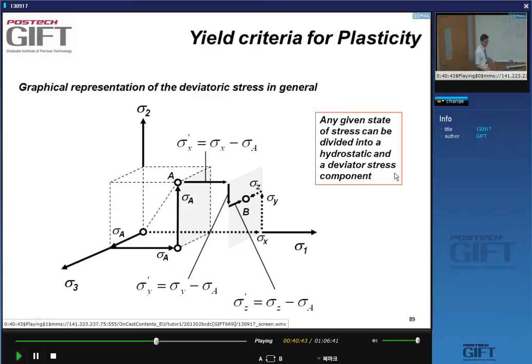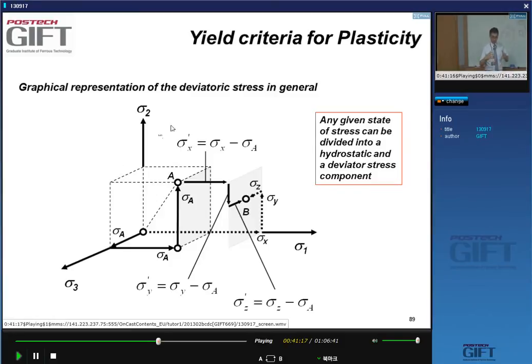And what we do when we use the deviatoric stress approach is we have the stress component in the X direction, the Y direction, and the Z direction. Together, they form the hydrostatic component to the stress state.